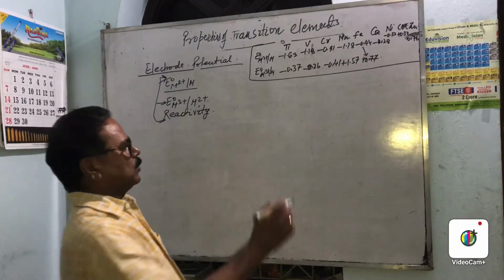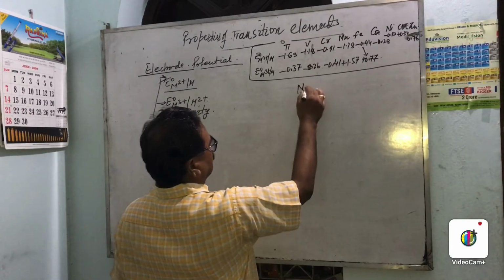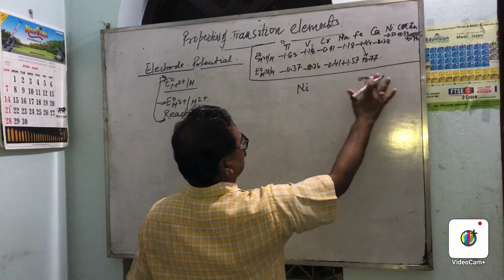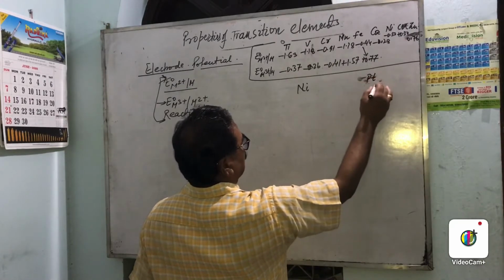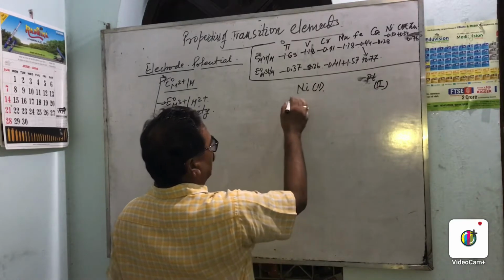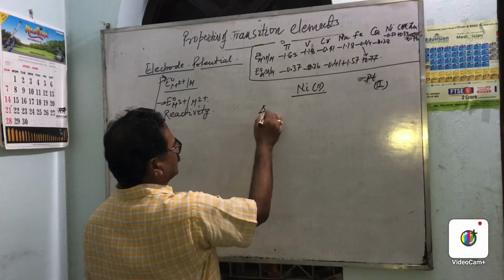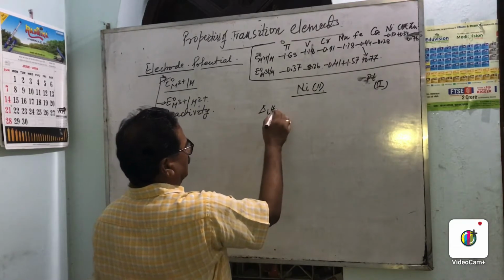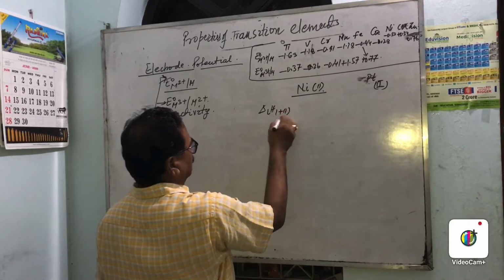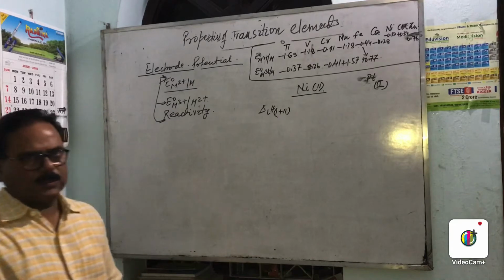As for example, if we take nickel 2+ and platinum 2+, platinum 2 compound and nickel 2, that is the sum of first two ionization energies, that is ΔH1 plus ΔH2. Simply we write this.